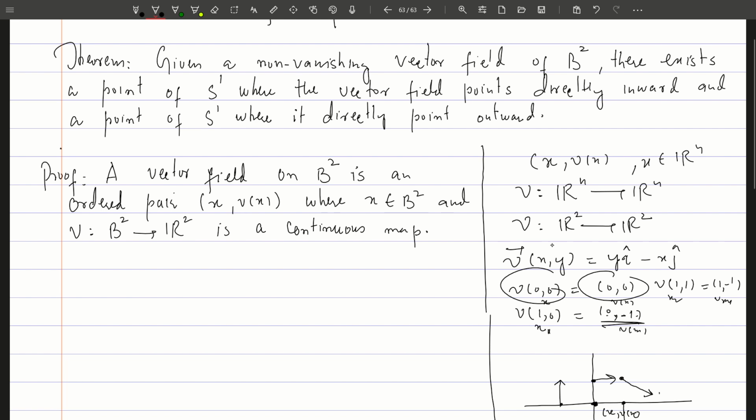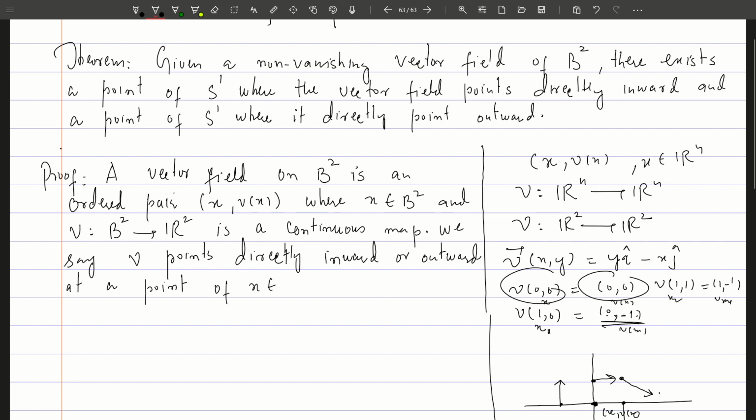We say v points directly inward or outward at a point x in S1 if v of x is ax, where a is less than 0 or a is bigger than 0 respectively.